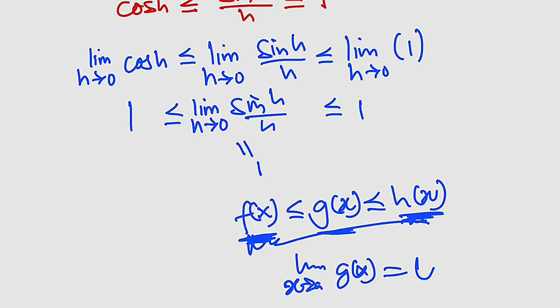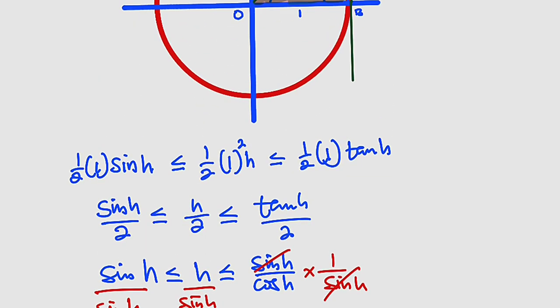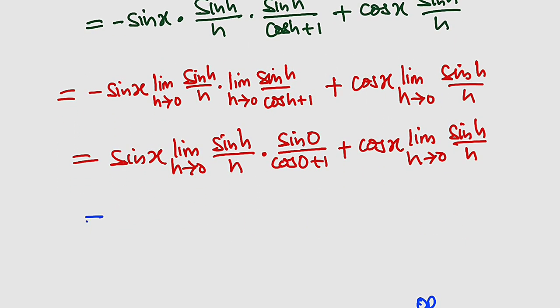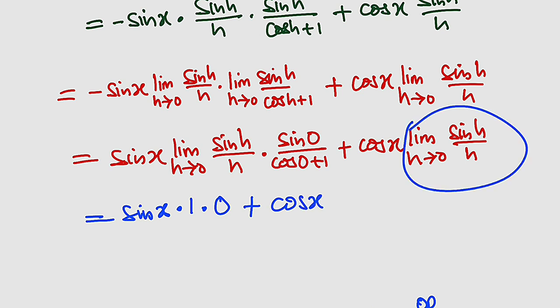So we are going to substitute this into our problem here. So this is equal to sine x multiplied by the whole of this is equal to 1 multiplied by 1 multiplied by this is 0 multiplied by 0, then plus cosine x multiplied by this, which we have just obtained, is 1.